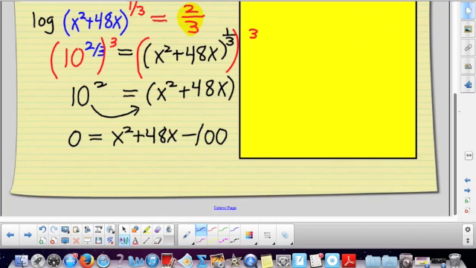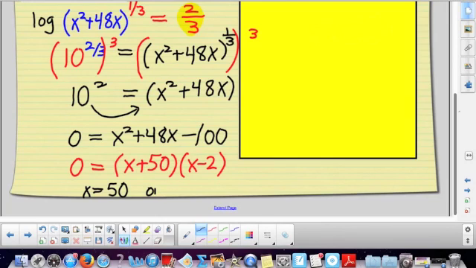Okay? We can either now use the quadratic formula, or you can use trial and error to solve this. I use trial and error. So 0 is equal to x plus 50 times x minus 2. Those are my two binomials. That means that x is equal to negative 50, or x is equal to positive 2.